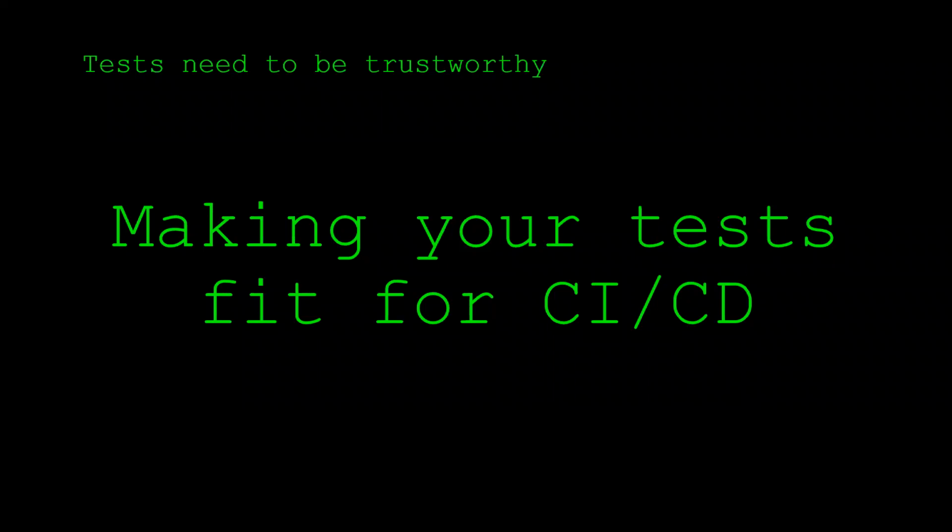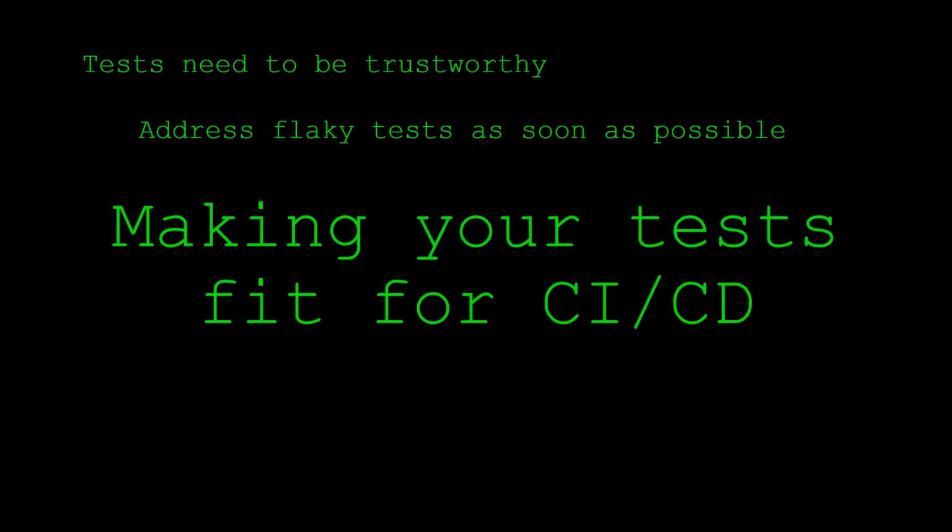So you should eliminate these false positives and false negatives, and that's often hard. But you really need to make sure that these tests can be trusted, because if you do continuous deployment, those automated tests are the only gatekeeper between a developer's machine and your production environment. So you need to definitely be able to trust your tests.